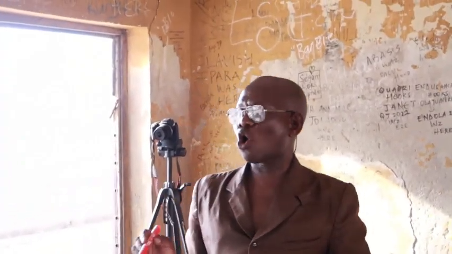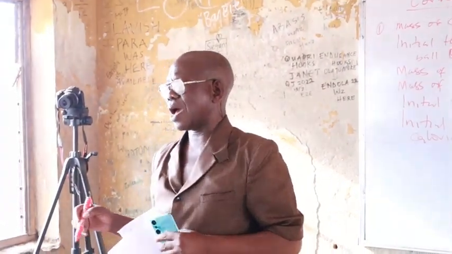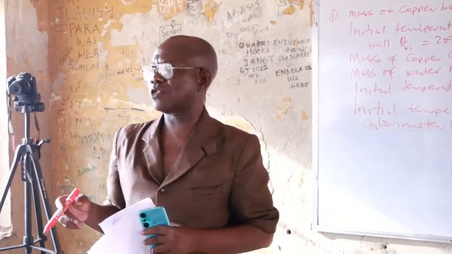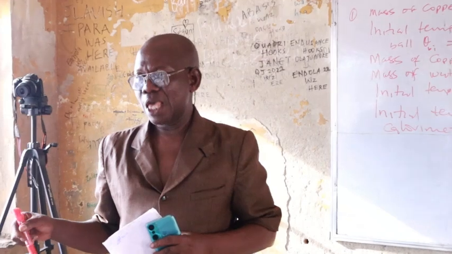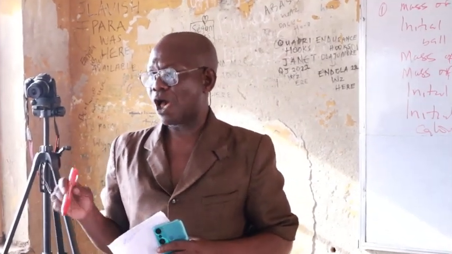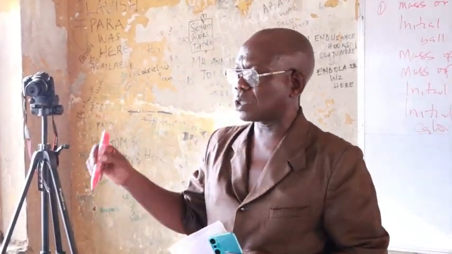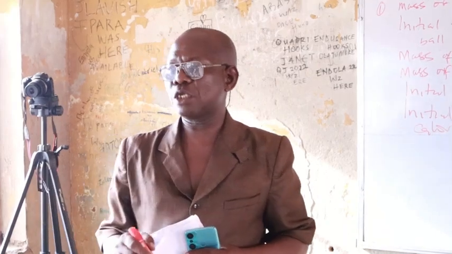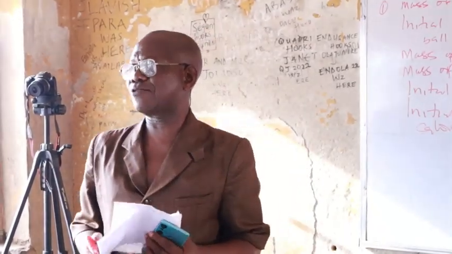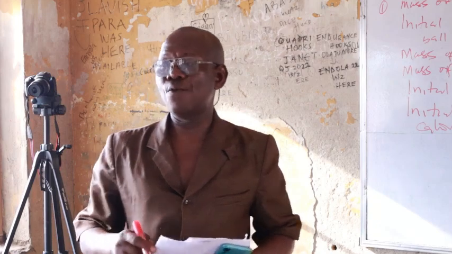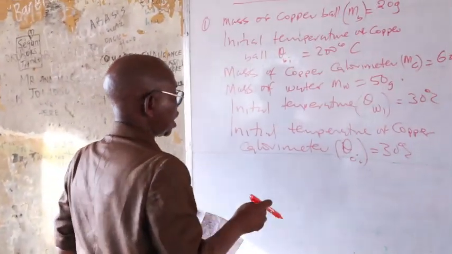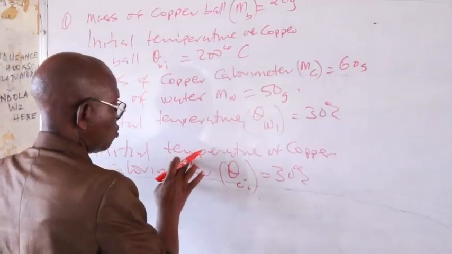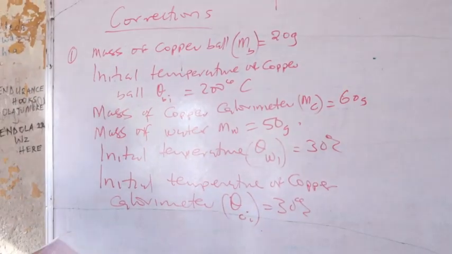We are given the temperature of water, and the question is silent about the temperature of the calorimeter. You ought to have known, as a physics student, that the temperature of the water will be the temperature of the container, because water is kept in the container. They will both have the same temperature. So that's why we take the initial temperature of the copper calorimeter to be 30 degrees Celsius.